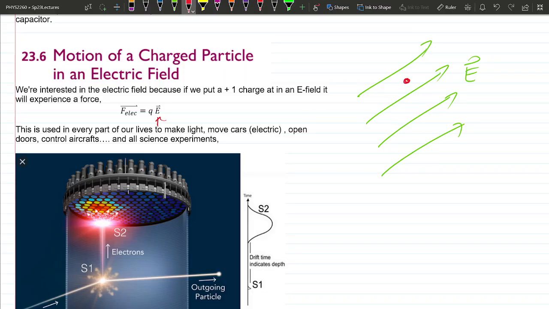If I place a positive charge here, that charge is going to feel a force in the same direction as the electric field, called the electric force, right? If the charge happens to be negative, it'll actually go in the opposite direction of the electric field.